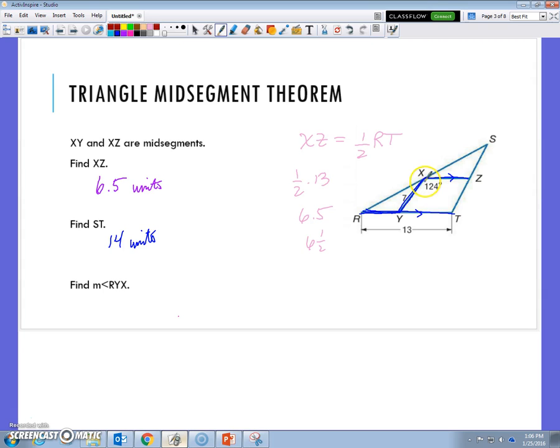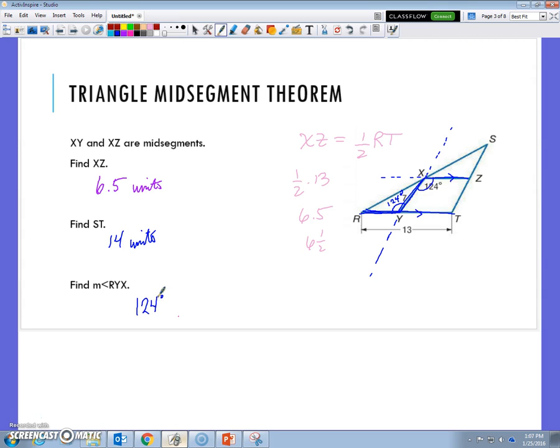If I continued the line in auxiliary style, I would have alternate interior angles here. So I would know that that angle is actually 124 degrees as well. So RYX is exactly the same as ZXY, the alternate interior angles, 124 degrees.